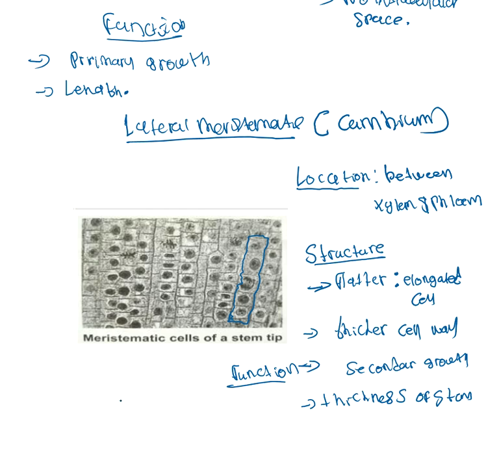If you have a stem, the radius of our stem in the first year was like this. As time goes on, you will find the stem grows to be large and thick. The stem of a big tree is very large compared to that of a small tree because of this lateral meristematic tissue.